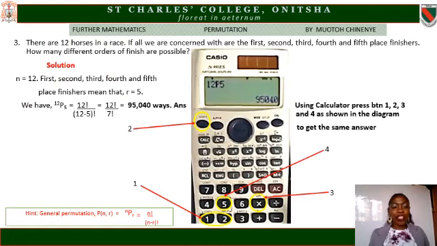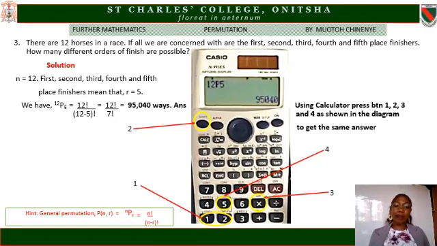Number 3, there are 12 horses in a race. If we are concerned with the first, second, third, fourth, and fifth place finishers, how many different orders of finish are possible? Then we have our n in this question to be 12. Our first, second, third, fourth, and fifth means that our r is 5.